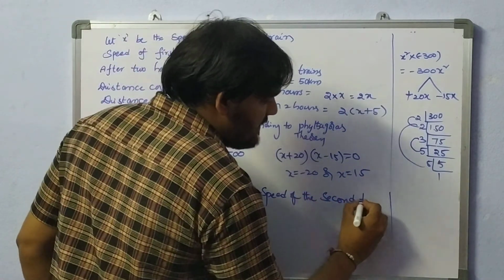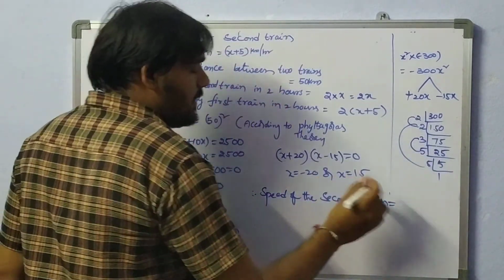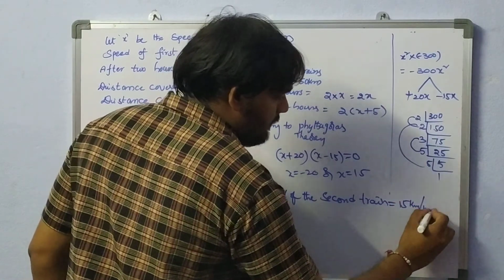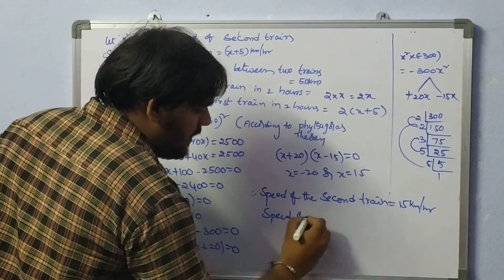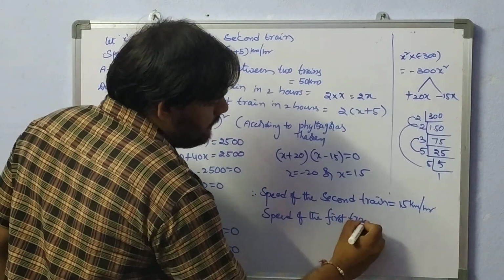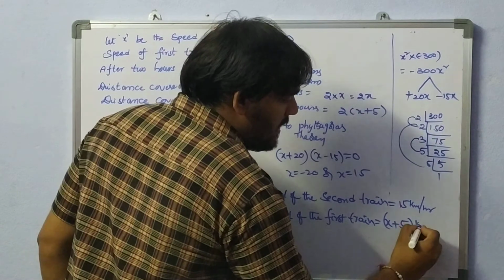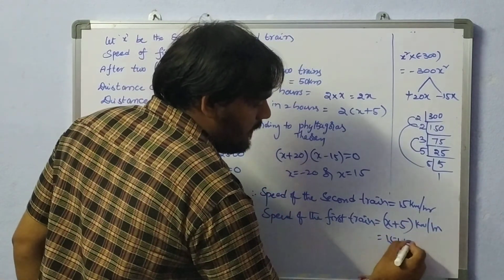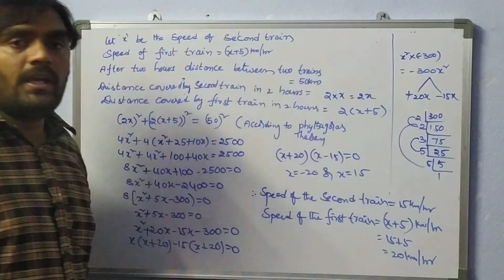So the speed of the second train is equal to 15 kilometer per hour. Next, the speed of the first train is equal to x plus 5 kilometer per hour. Now 15 plus 5, 20 kilometer per hour. Okay, check this one.